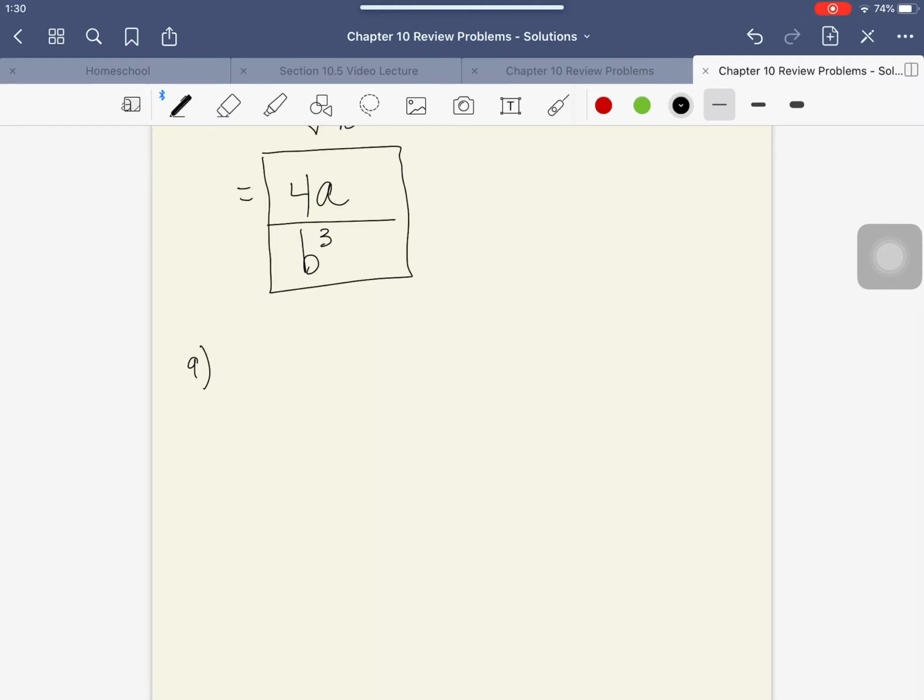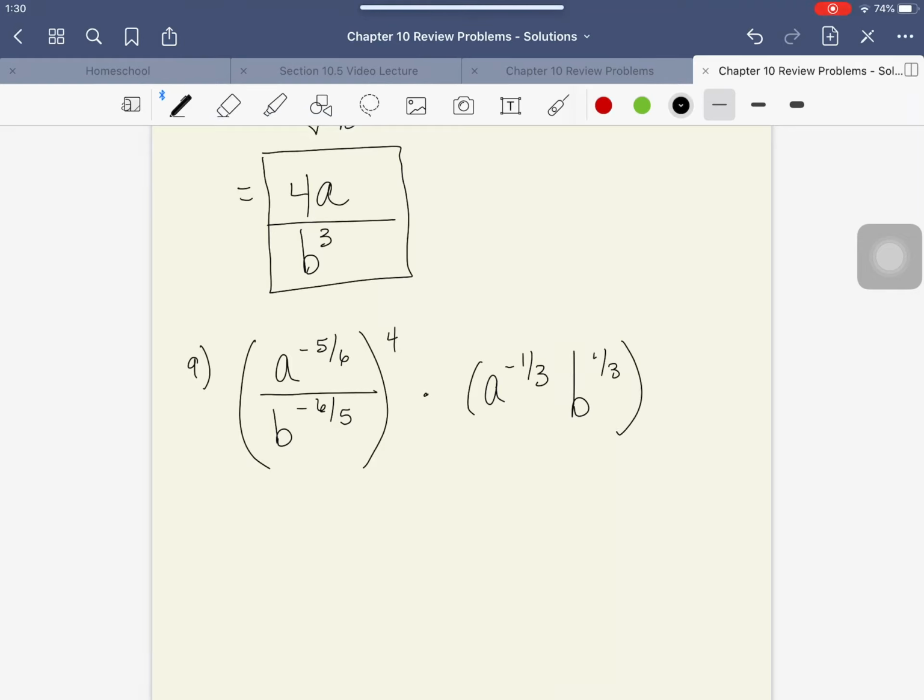All right, number 9, we have a to the negative 5/6 over b to the negative 6/5, and this is being raised to the 4th power, and we're multiplying that by a to the negative 1/3, b to the 1/3, and that is to the negative 3rd power.